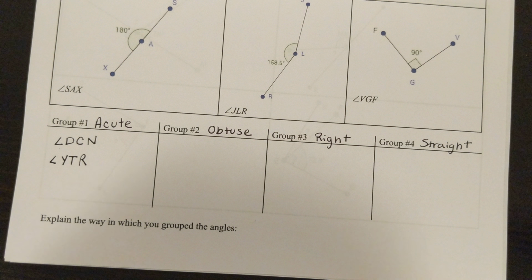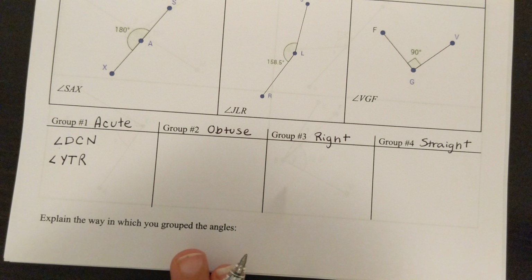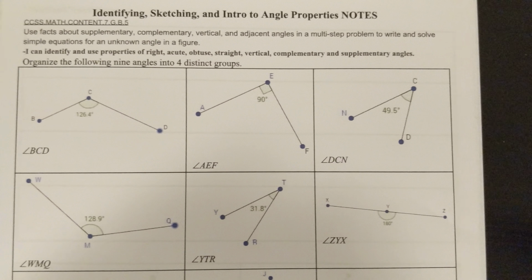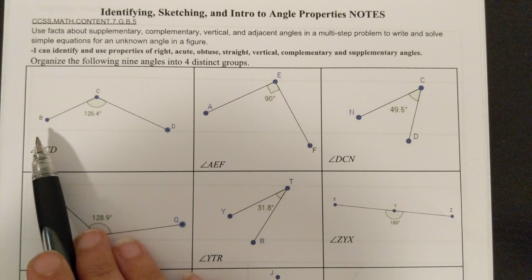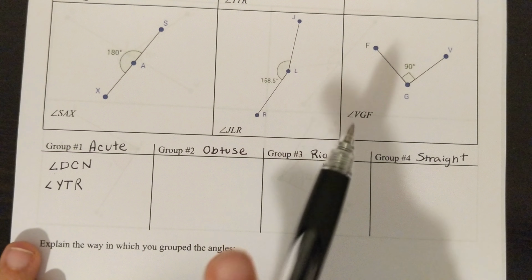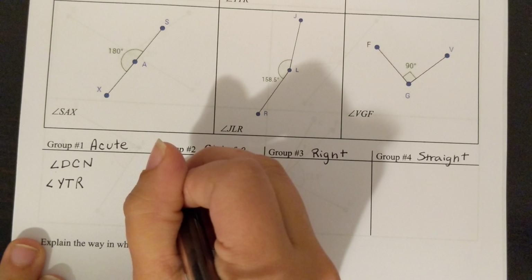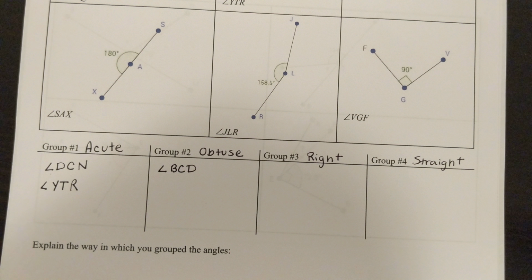The next group was obtuse angles. For obtuse angles, we're looking for angles that are bigger than a right angle, bigger than 90 degrees. The very first angle, about 126 degrees, is angle BCD. That's bigger than 90 degrees, so this is an obtuse angle.